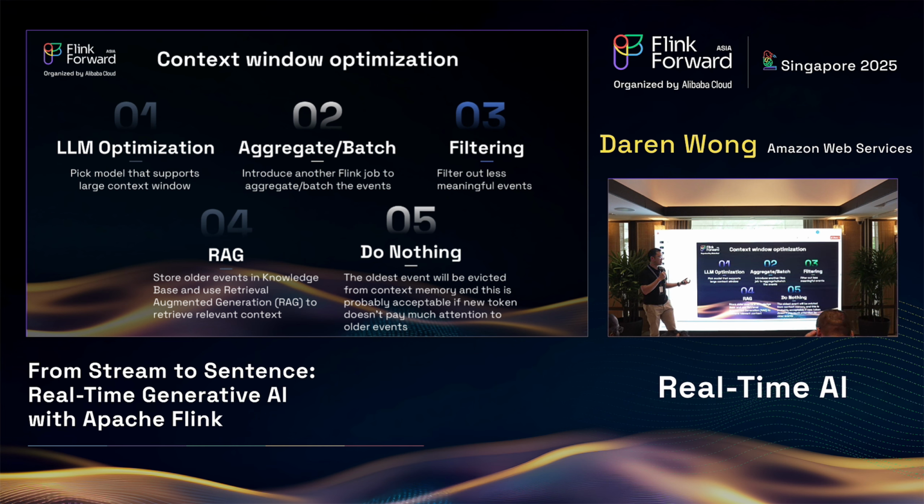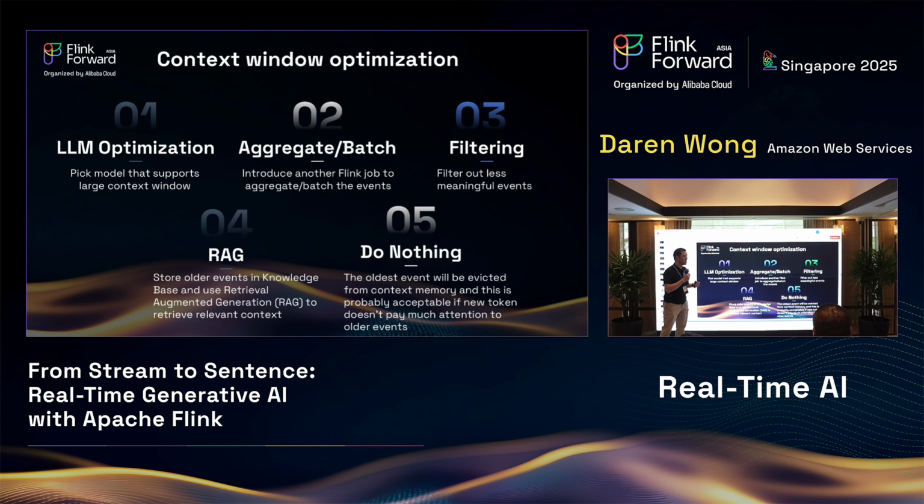Once it is in a vector database, the LLM can then use RAG to retrieve the context of the older events from the vector database and then augment it, inject it into a prompt so that the prompt has these contexts of older events and then generate the commentary for us. So with RAG, what we have done is we have basically moved the storage of these older events from within the context window into a vector database. And that really helps in optimizing the context window size that we need.